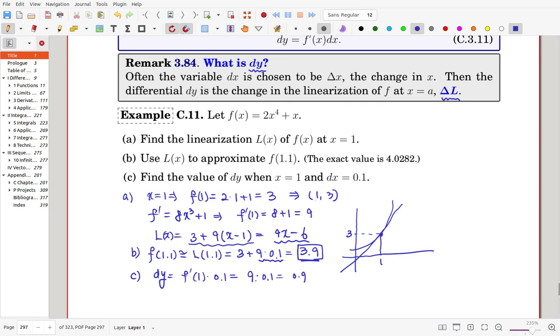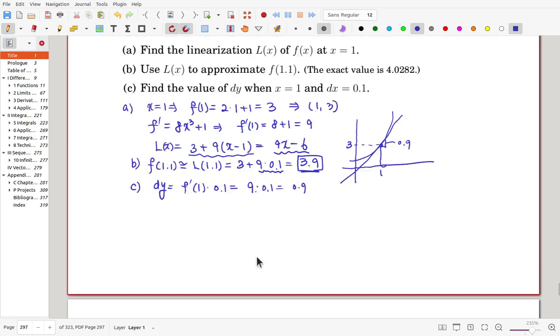Now, dx is 0.1. So after 0.1, along the tangent line, the value is changed. That portion is 0.9. So from 3, the change in the tangent line is 0.9. That is the same as this one.